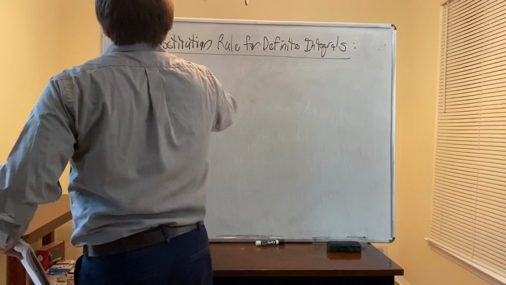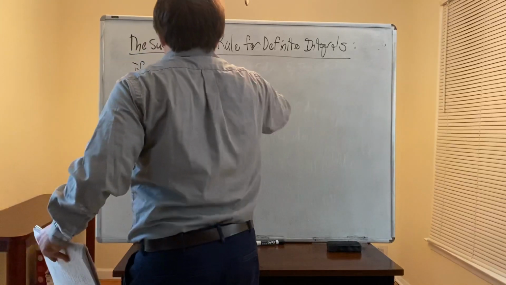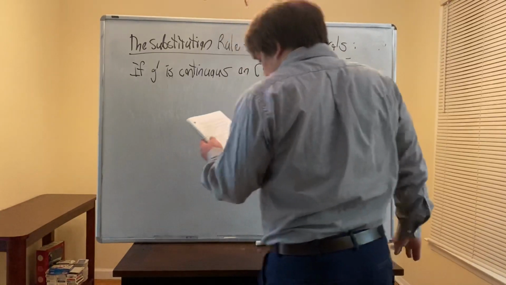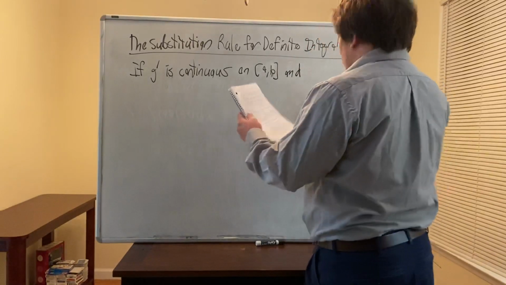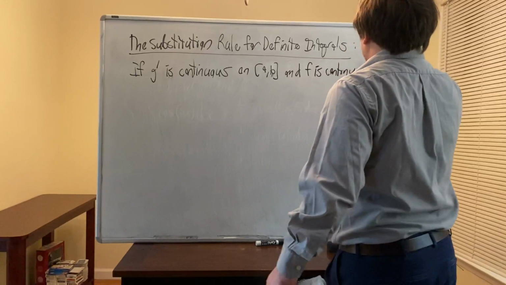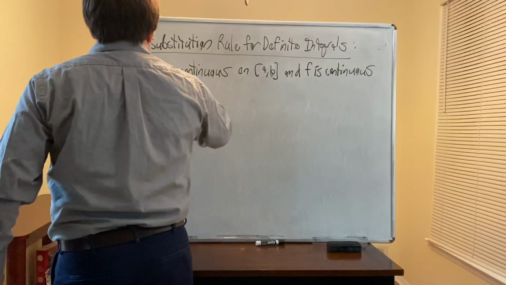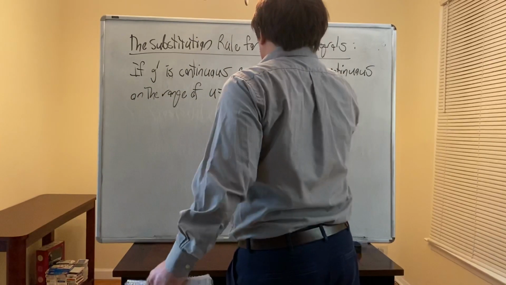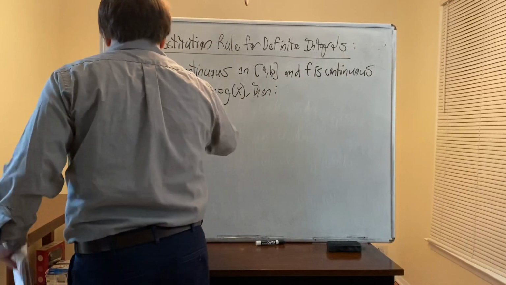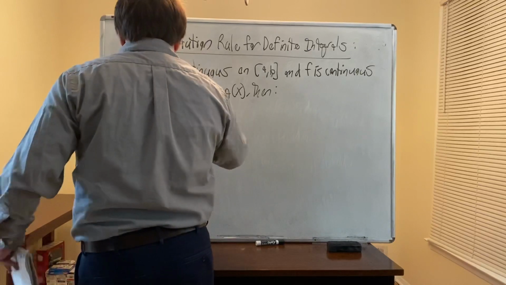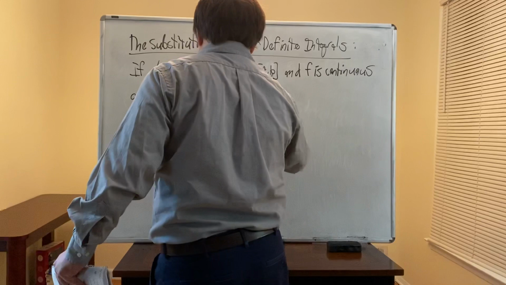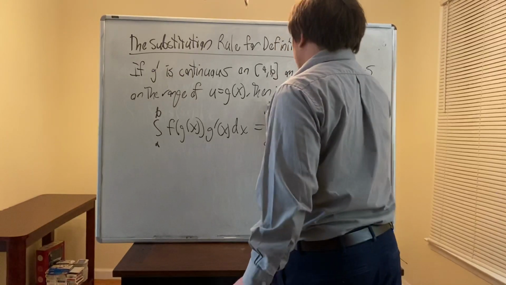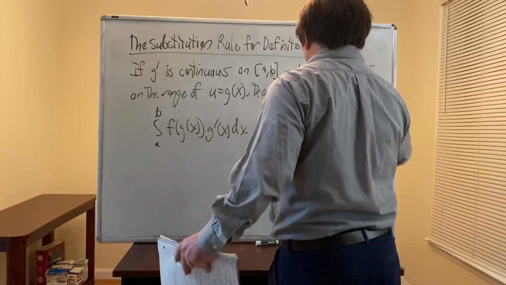If g prime is continuous on a finite closed interval a comma b, and f is continuous on the range of u equals g of x, then the integral from a to b of f of g of x, g prime of x, dx, equals the integral from g of a to g of b of f of u du. Okay?